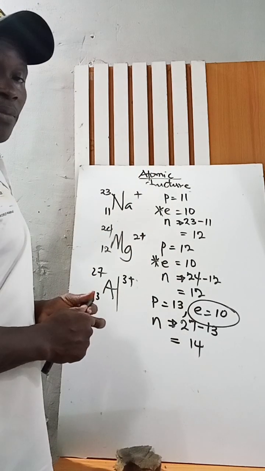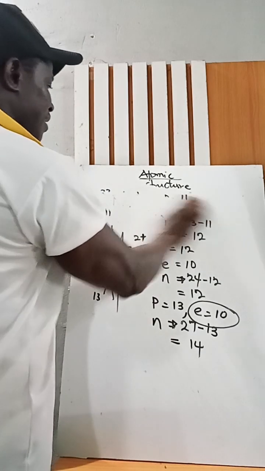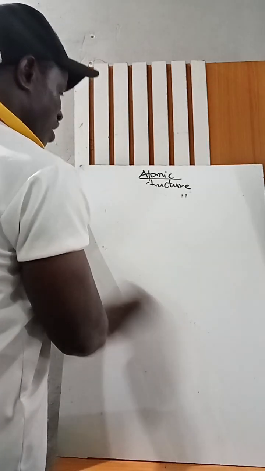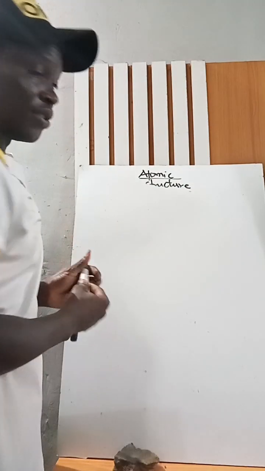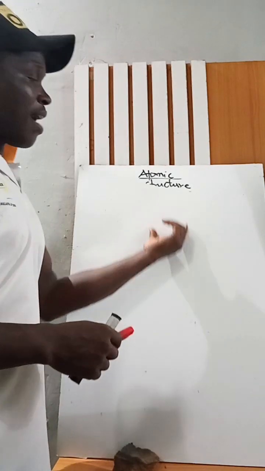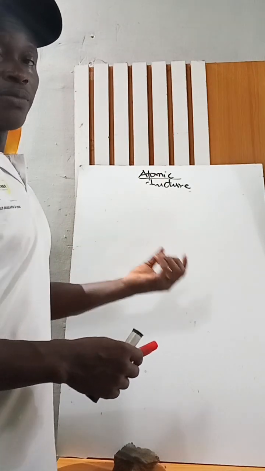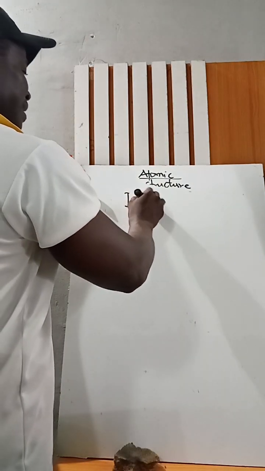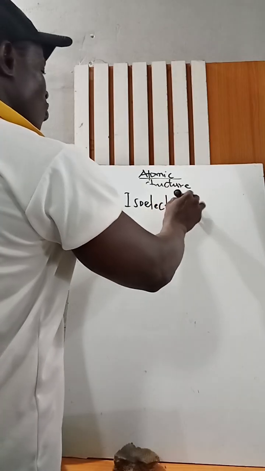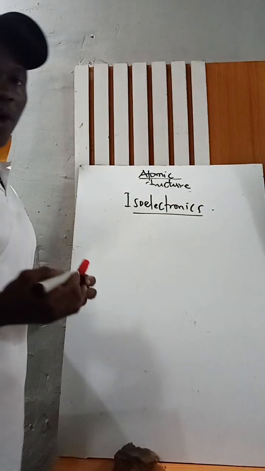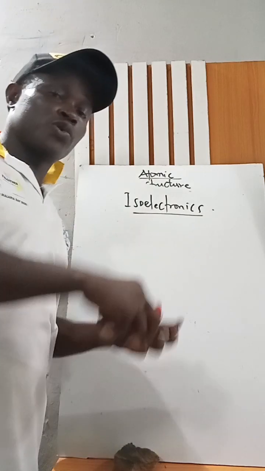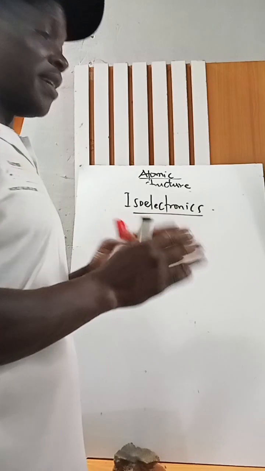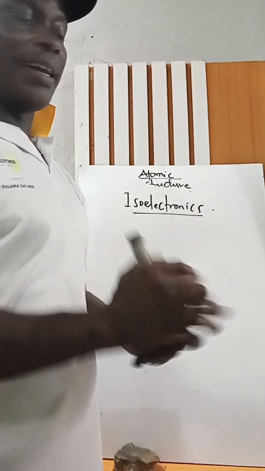And whenever you have such condition in chemistry, when you have particles having the same number of electrons, it means that they are isoelectronic. So isoelectronic means particles with the same number of electrons.